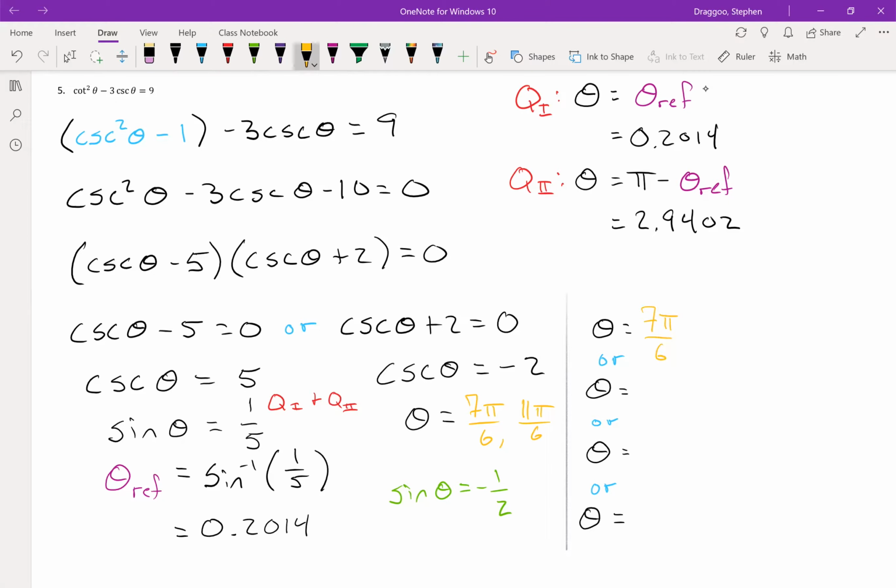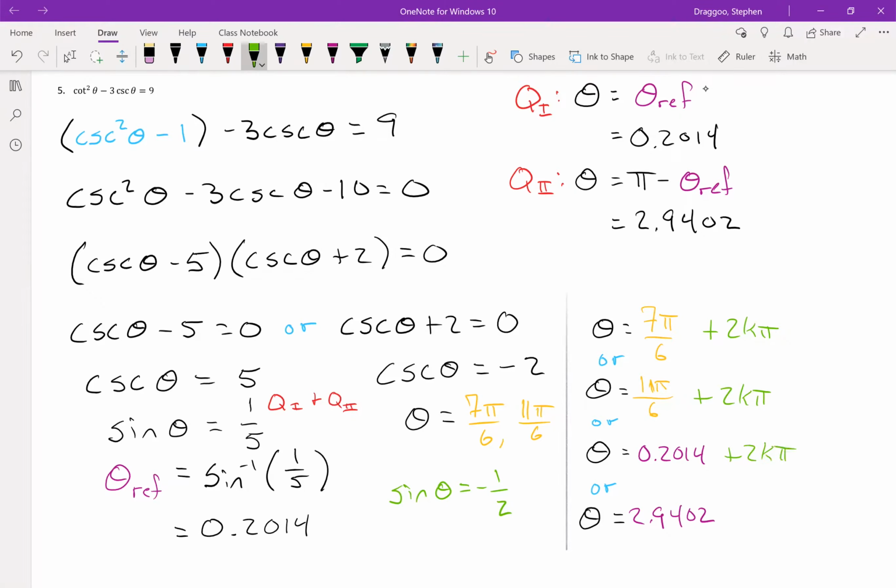7 pi over 6, 11 pi over 6, 0.2014, and 2.9402, and then add 2k pi to each one of those to get all solutions for theta.